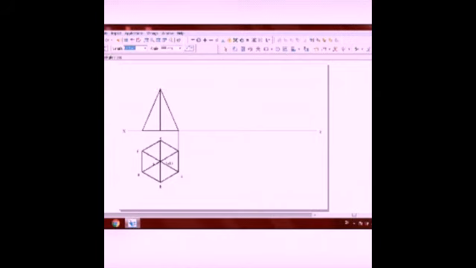Now again go to the text command for marking A dash, B dash, etc. There you are seeing A dash. Of course F dash should be in brackets as we can't see it, and similarly we are marking the other points. Just observe here there is one more point of the base, that is O1 dash.